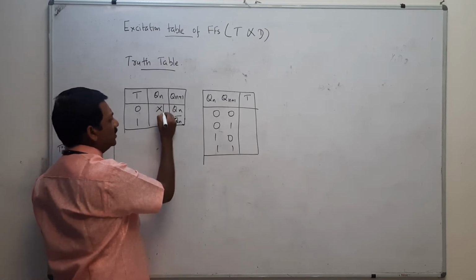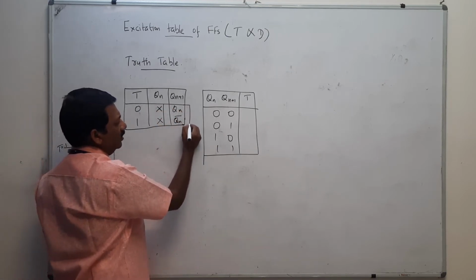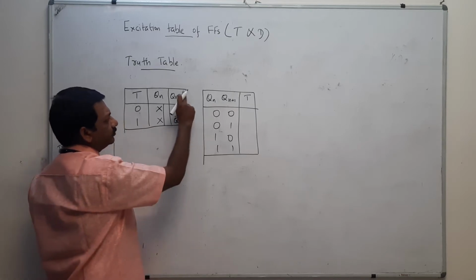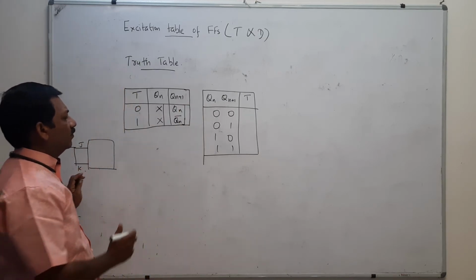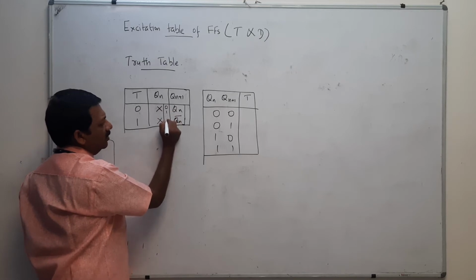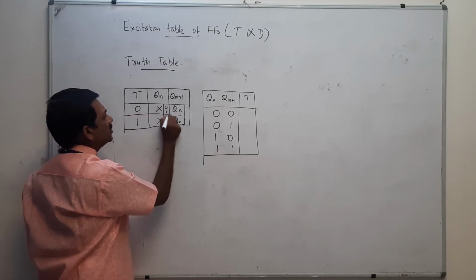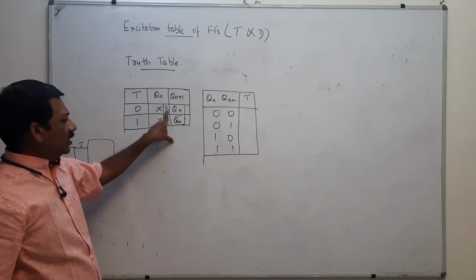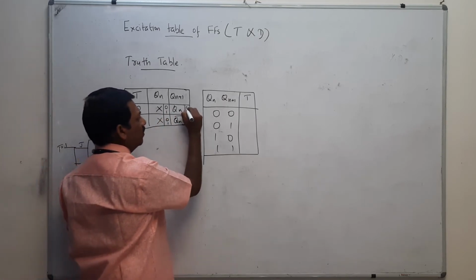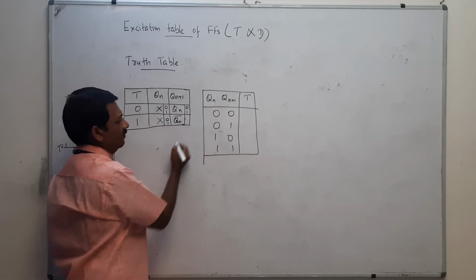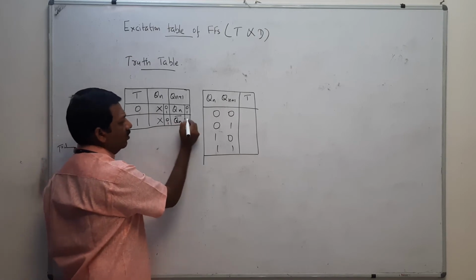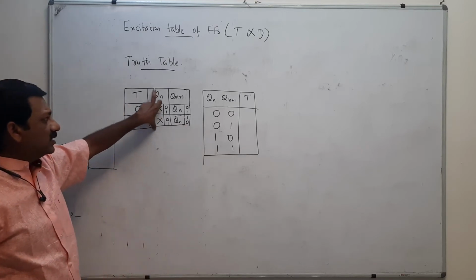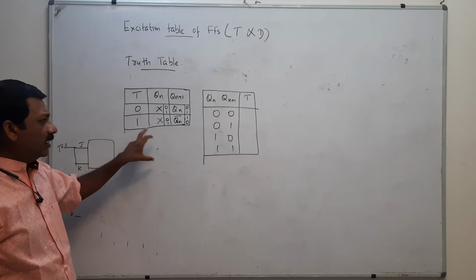If it is 0, it is storing that value 0, and if it is 1, it is storing the same value. If T is 1, it is complementing the value. If the current value is 0, this will get 1, and if it is 1, this will be 0.